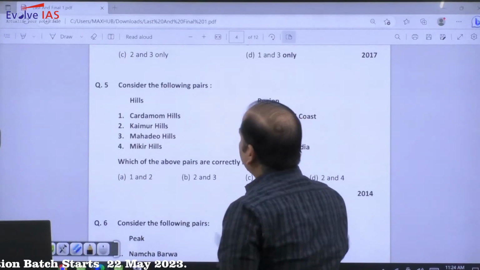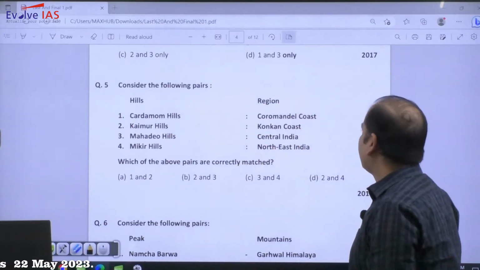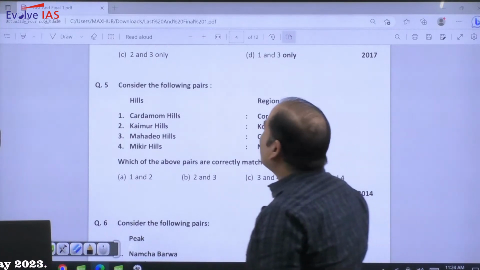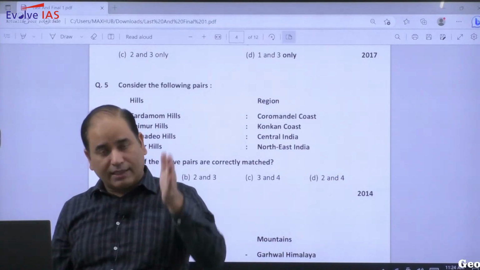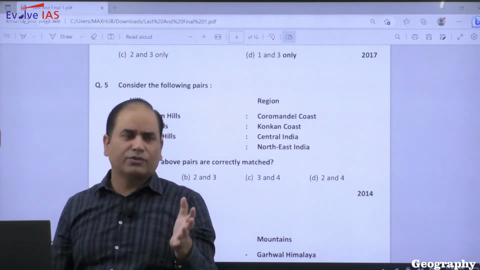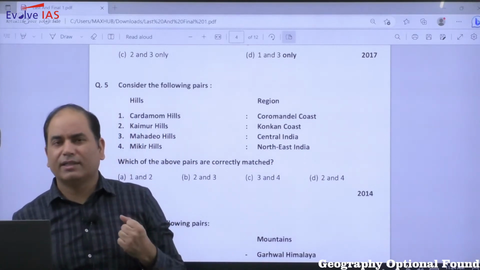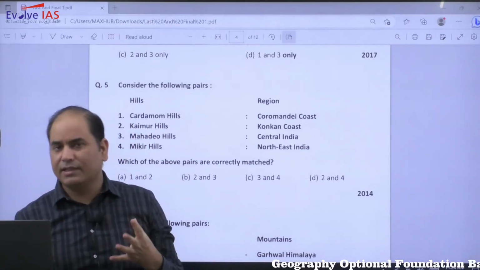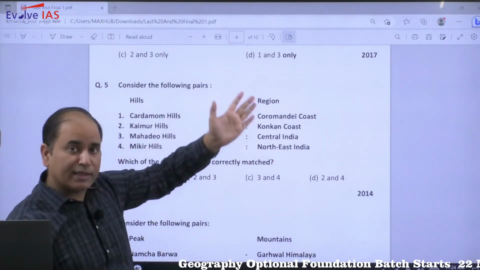Now moving to the next question, consider the following pair. This was the question that was asked in 2014. Cardamom Hills. Cardamom Hills is part of the Western Ghat Southern Hill Complex. In the Southern Hill Complex you will find Nilgiri, Anaimudi, Cardamom, Palani. So Cardamom Hill is part of the southern side of the Western Ghat.